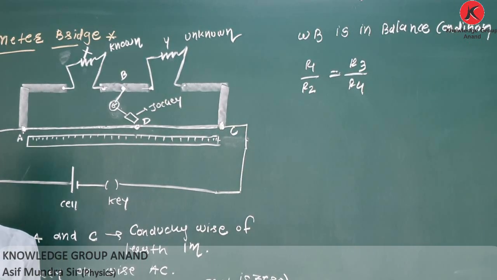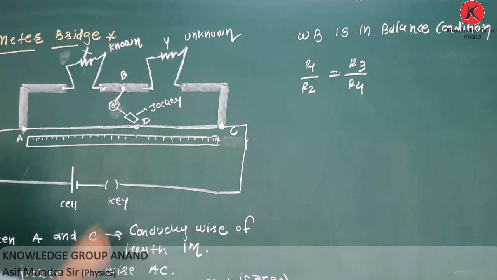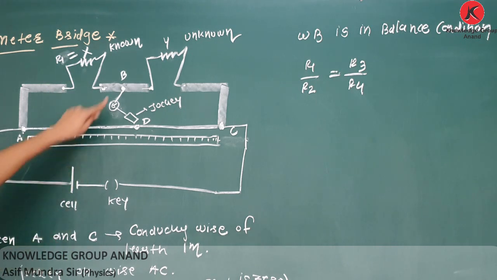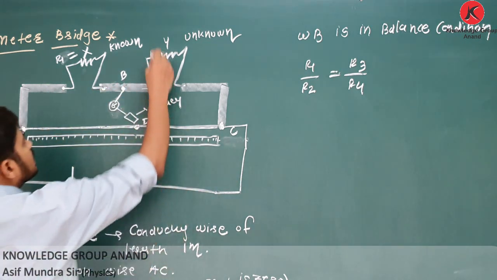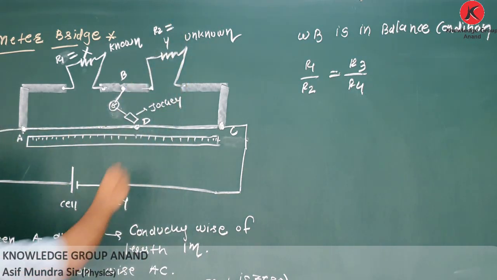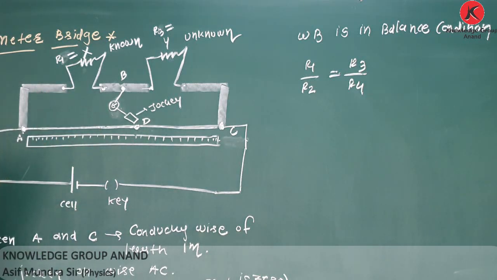Now where are R1, R2, R3 and R4? See, here it is. Between A and B, the resistance is called R1. Yes or no? Between B and C, it is called R3.